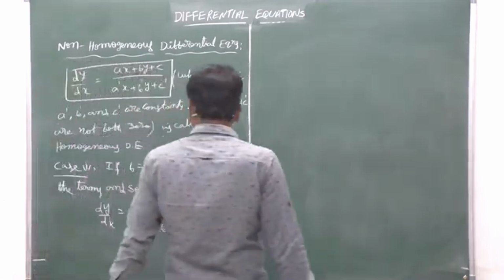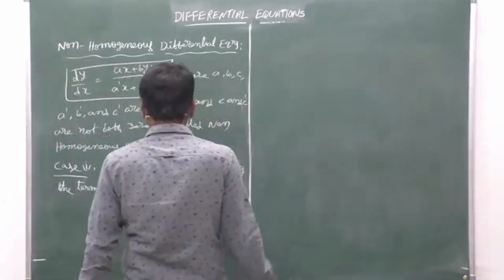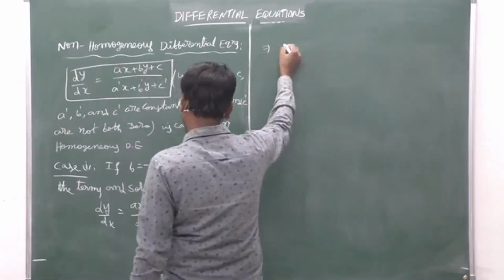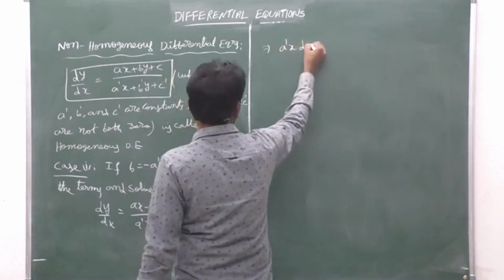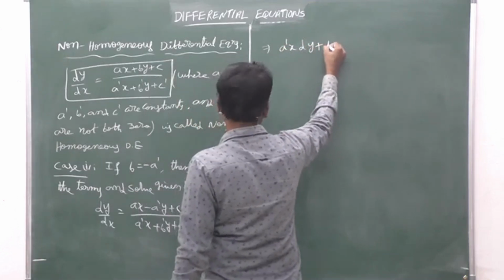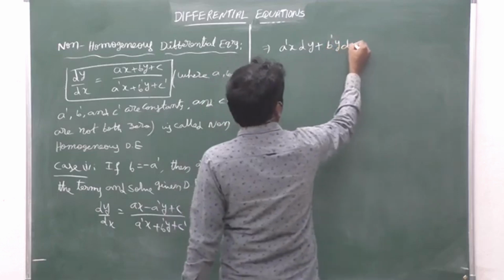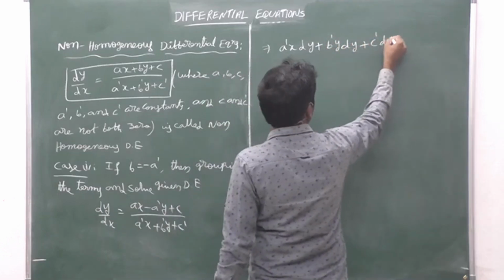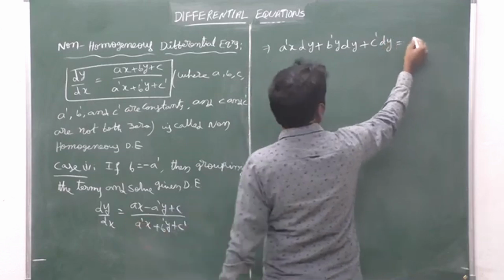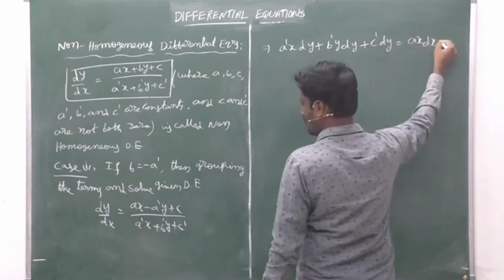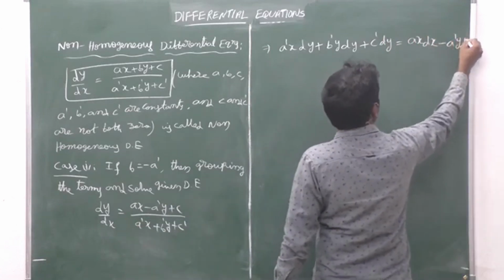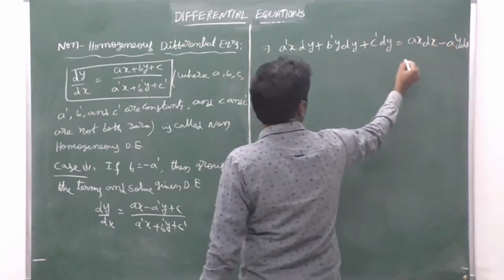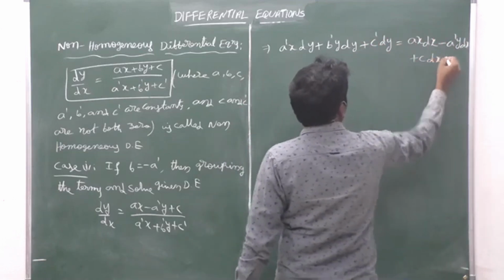Now cross multiplication we get a dash x dy, b dash y dy, c dash dy, equal to ax dx minus a dash y dx plus c dx.